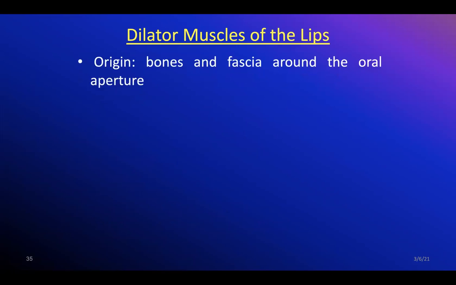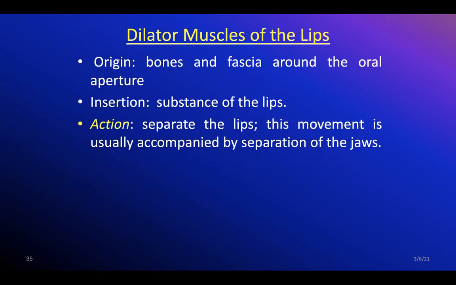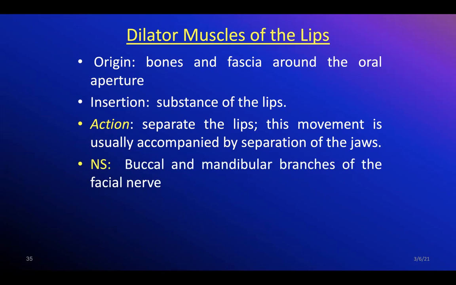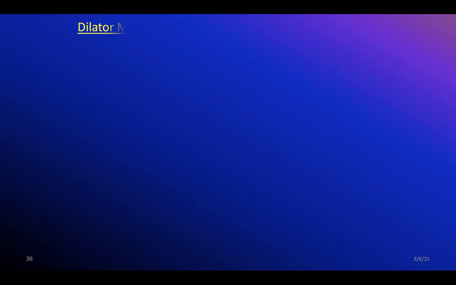The dilators of the lips: the origin is from the bones and fascia around the oral aperture, the insertion is the substance of the lips. The action separates the lips. This movement is usually accompanied by separation of the jaws. The nerve supply: the buccal and mandibular branches of the facial nerve.